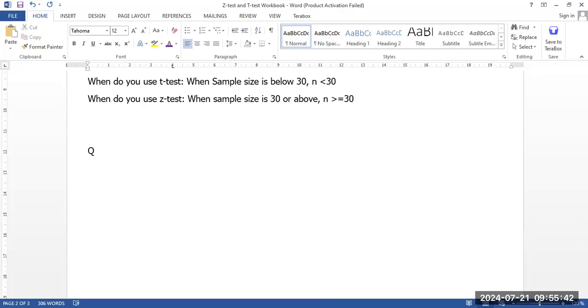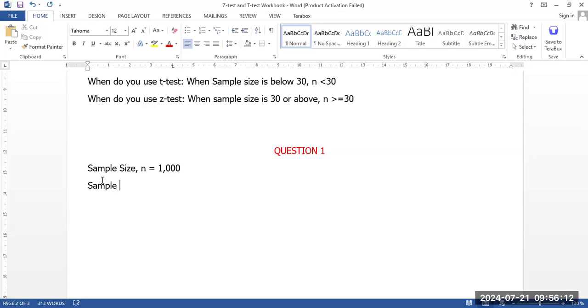So, what is the sample size? 1,000, and size is n, 1,000. Then what is our sample mean?